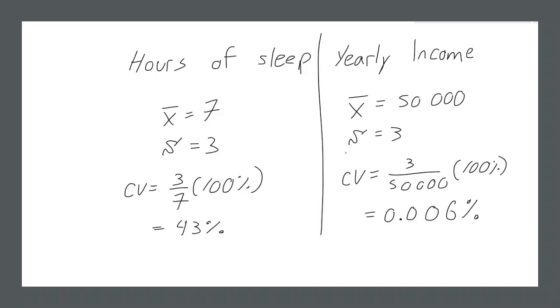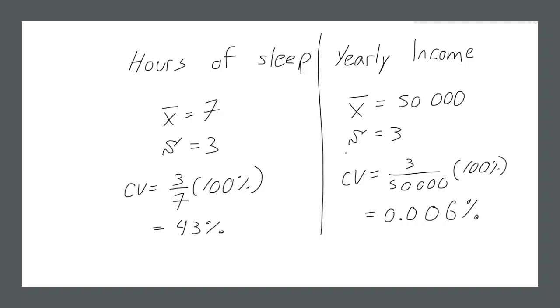But if you look at something where they're both normalized to their mean value, you don't even have to know that one is hours of sleep and the other is yearly income. You could just look at this and say, in one case, the standard deviation is 43% of the mean value, which is quite a bit of variation. And in the other case, it's 0.006% of the mean value, which is pretty much no variation at all.